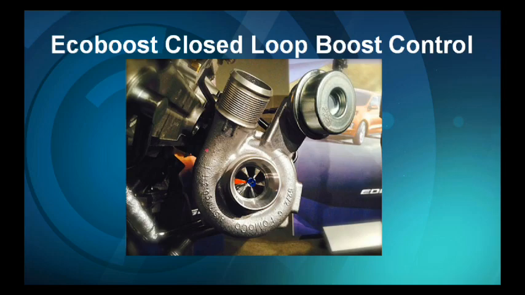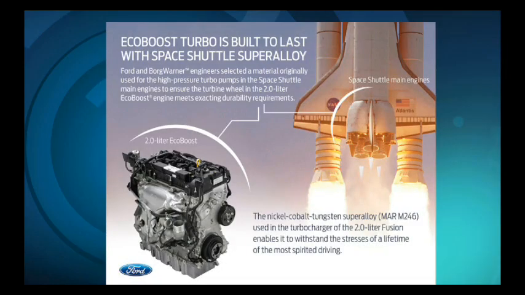As you can see here, I have a shot of the EcoBoost turbocharger, and in the right-hand corner, you can see that we have an external wastegate actuator. Also, we want to talk about the technological advancements of the turbo itself. They're using an M246 tungsten carbide super alloy that really increases the strength of the turbine on the turbocharger.